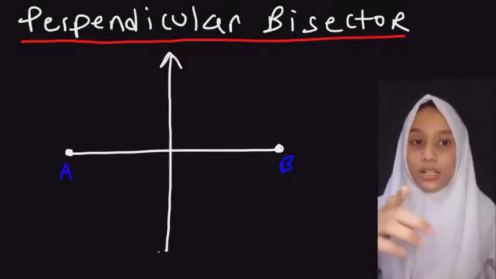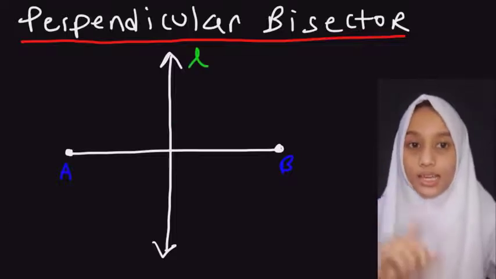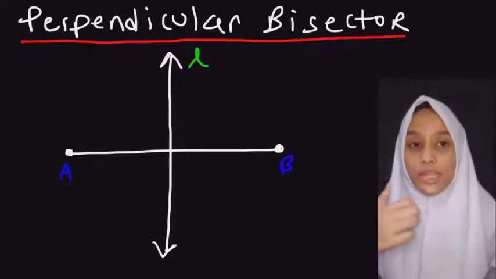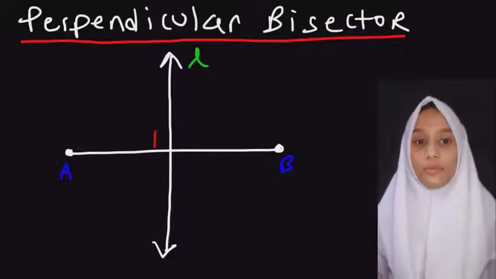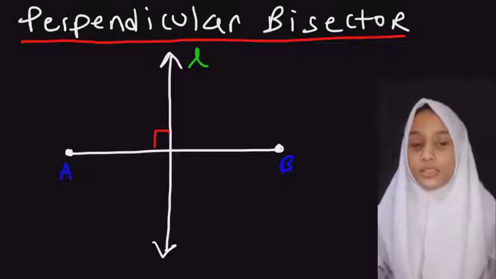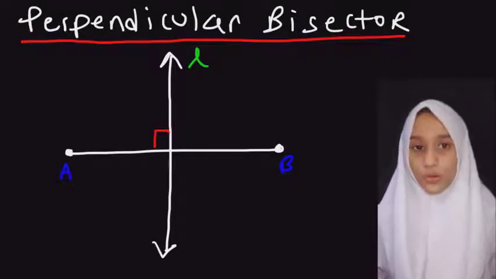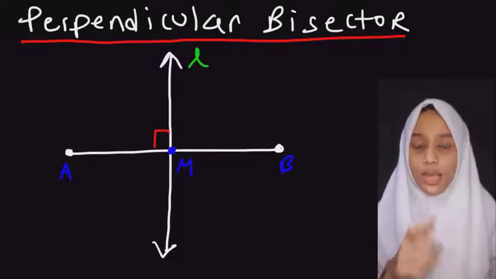Let's call this line L. Line L is perpendicular to segment AB, which means that it is going to form a right angle with segment AB. Now, it's also a bisector, so if we draw another point, we will call it point M.